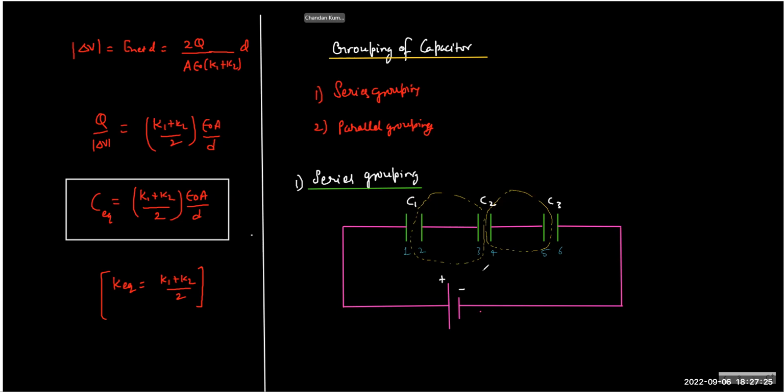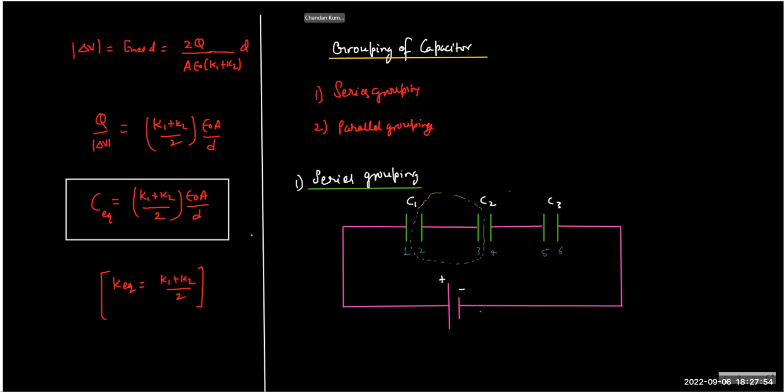And because they are not physically connected to anything, how can charge go there? Through what mechanism can charge go there? That's a big question. So no charge actually goes there. That's the reality.